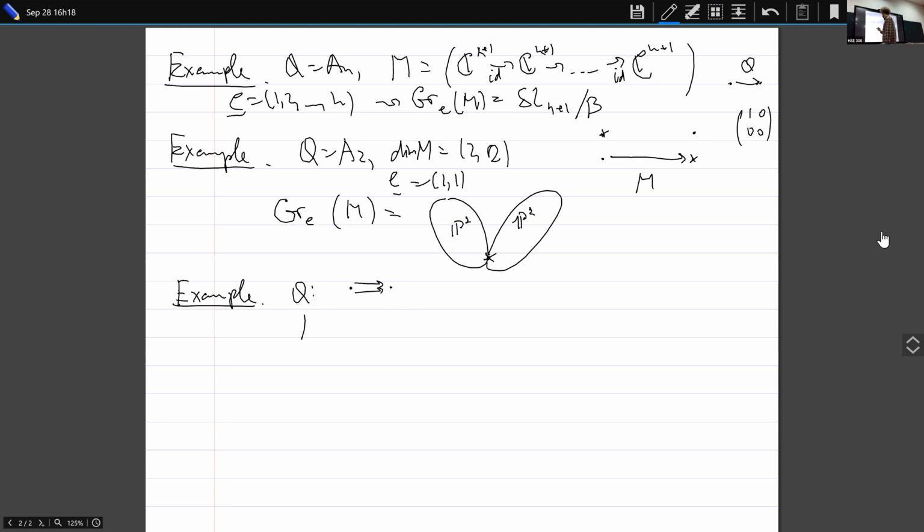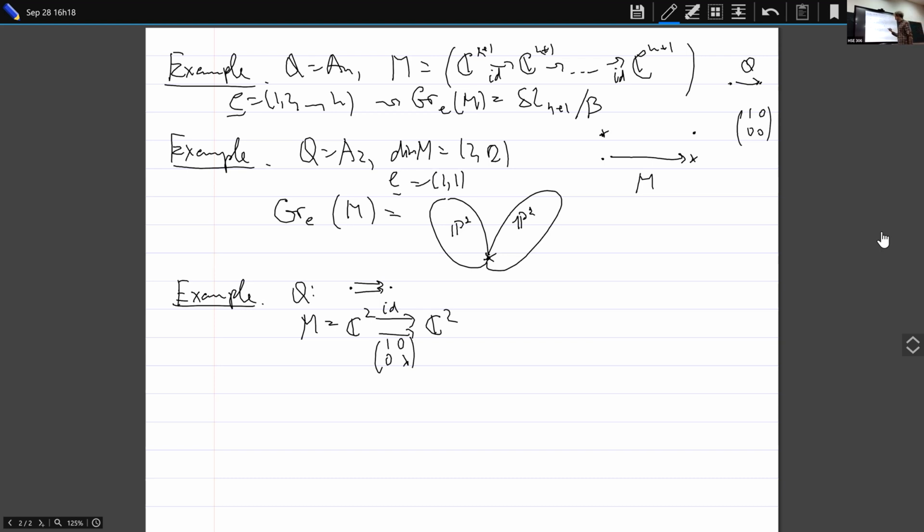Now M is C2, and the two maps are the identity map and (1, lambda; 0, 0). So you have two maps between two-dimensional spaces. One might be just the identity, and the other is something more complicated, though not very complicated.